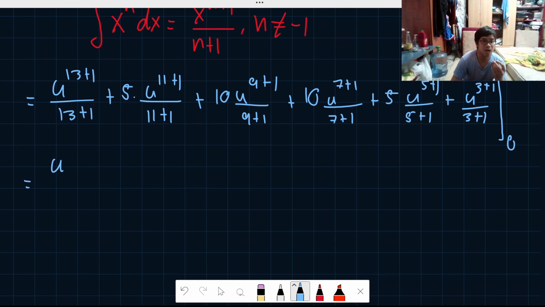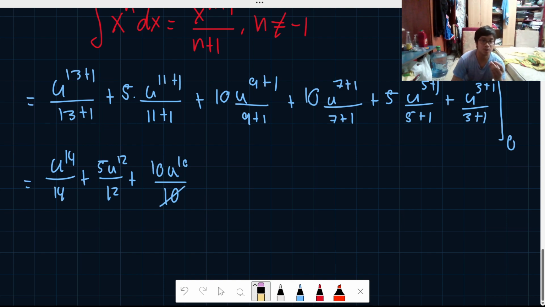So here we will have u raised to 14 all over 14 plus 5u raised to 12 all over 12 plus 10u raised to 10 all over 10. Or we can simplify this because we have 10 on both sides. We can just cancel out. So we will have u raised to 10 instead.